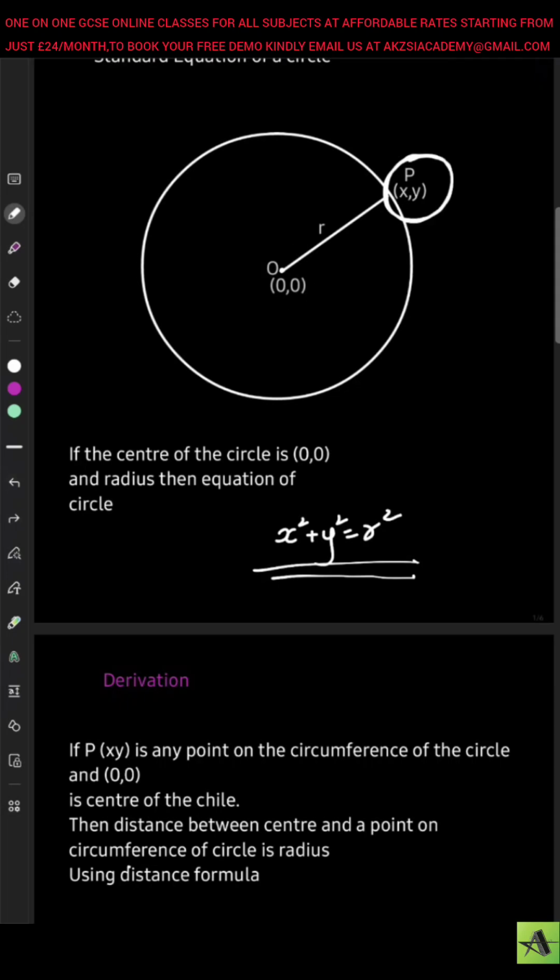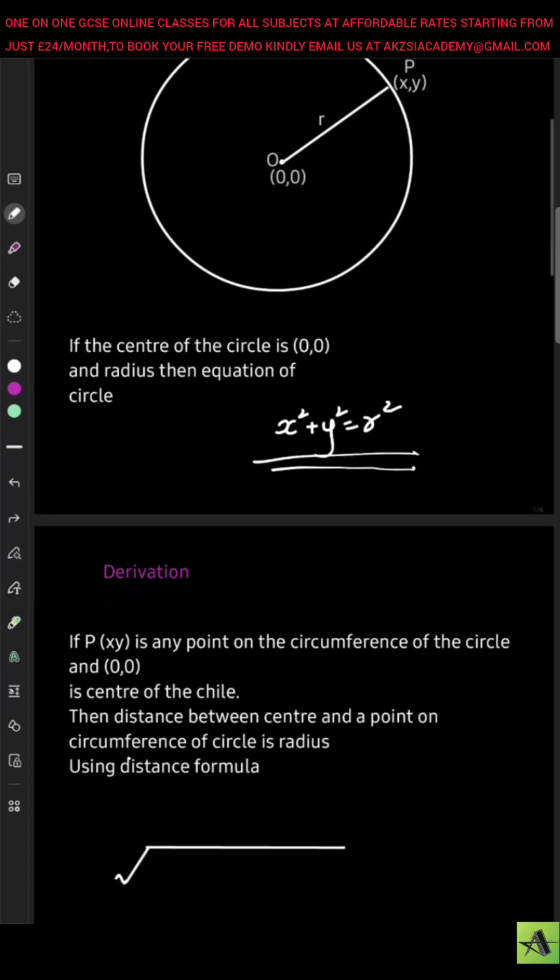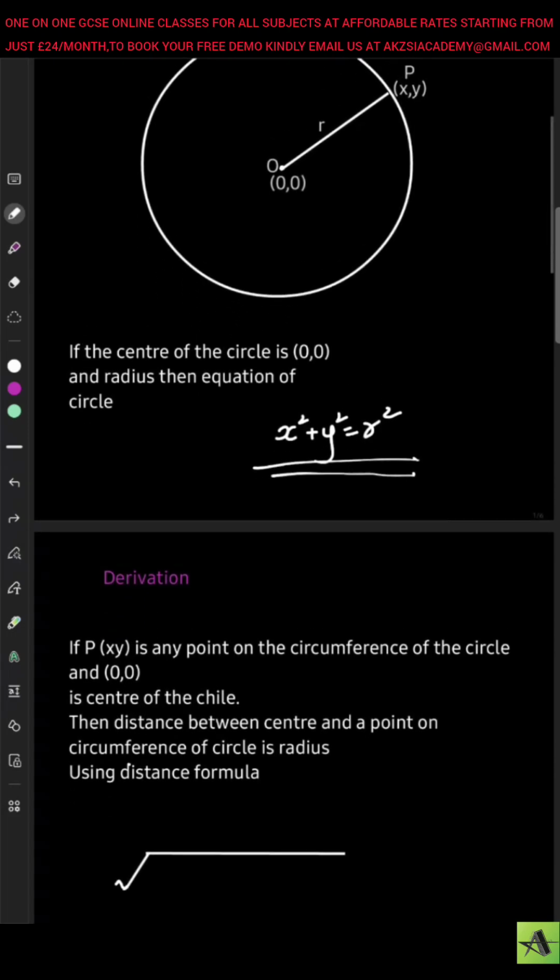And I have to use the same to find the equation of a circle by applying the distance formula or Pythagoras theorem. They basically are the same; the distance formula is actually derived from Pythagoras theorem.